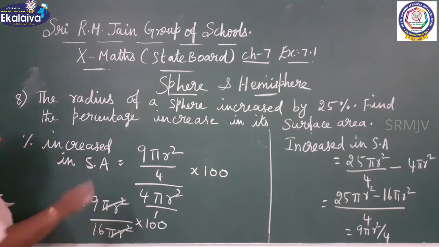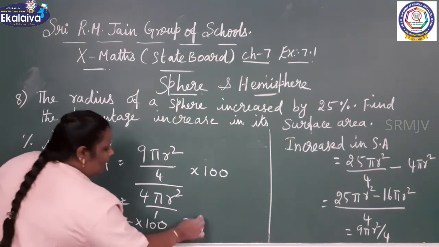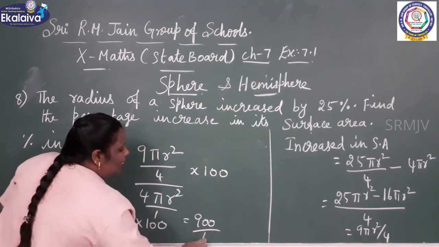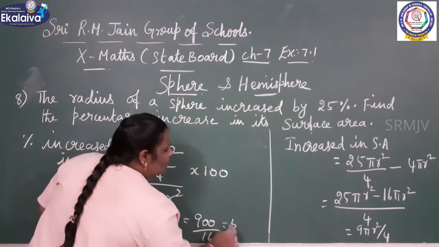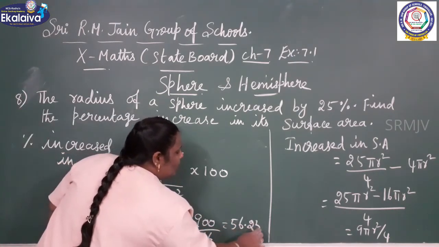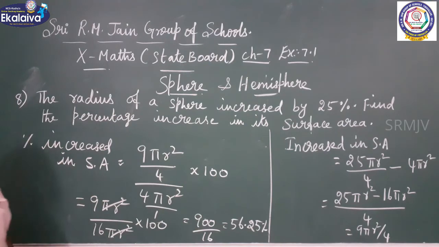Pi r square gets cancelled. Then 9 into 100 is 900 by 16. When you divide, 900 by 16 is equal to 56.25%.